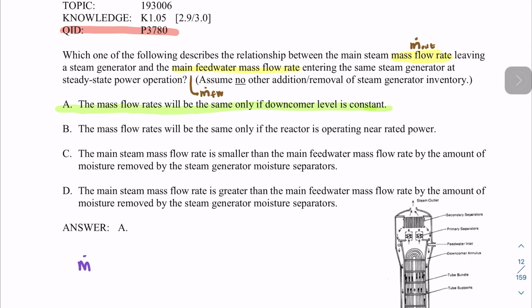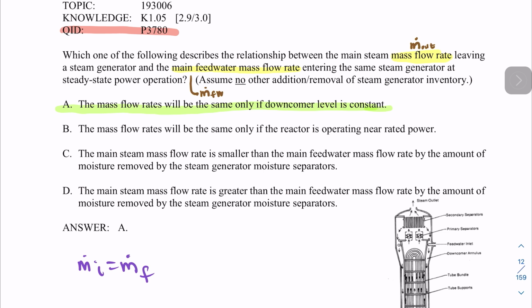What comes in has to come out, right? So that's what we're trying to do. So it says, again, which one of the following describes the relationship between the main steam mass flow rate leaving a steam generator and the main feed water mass flow rate entering the steam generator at a steady state power operation, right?